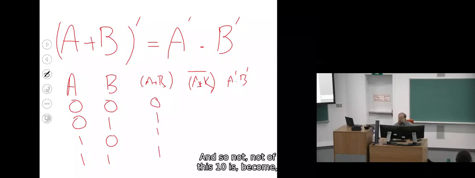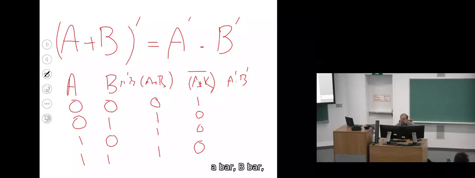And so not of this one: 0 becomes 1, 1 becomes 0, 1 becomes 0, 1 becomes 0. And now look at A bar and B bar. Let me write here A bar and B bar.